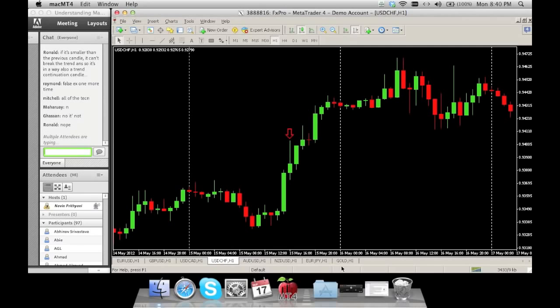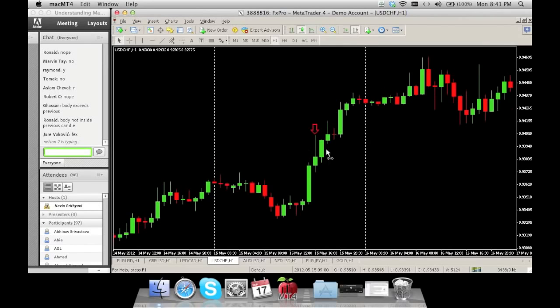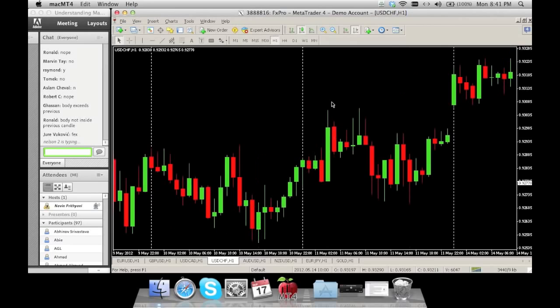No, this is not an exhaustion. For this to be an exhaustion, it must be bigger than the previous candle. In this particular case, it's not. So, if it cannot be an exhaustion, it cannot be a false exhaustion also. Okay, that's that. Let's move forward to show you more examples.